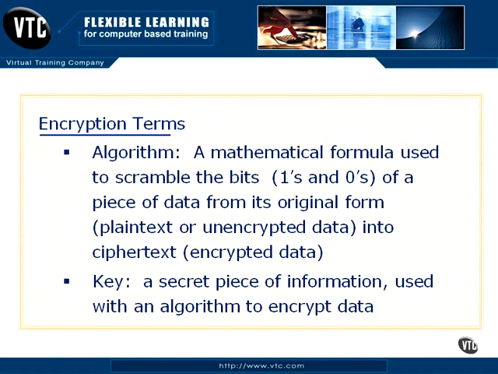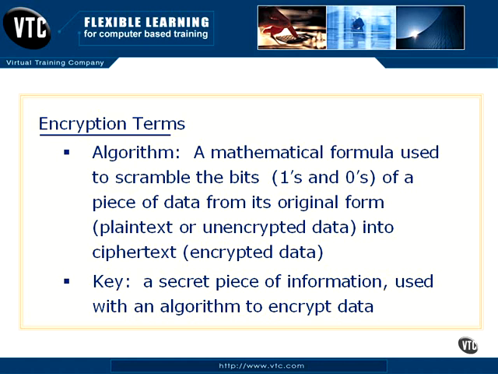Now let's go further and get to some of the technical terms. We have two very important terms associated with encryption: algorithm and key. We've mentioned these a couple of times before, but let's define what they are. An algorithm is essentially nothing more than a mathematical formula or method that's used to scramble the bits of a message, the ones and zeros, the binary data.